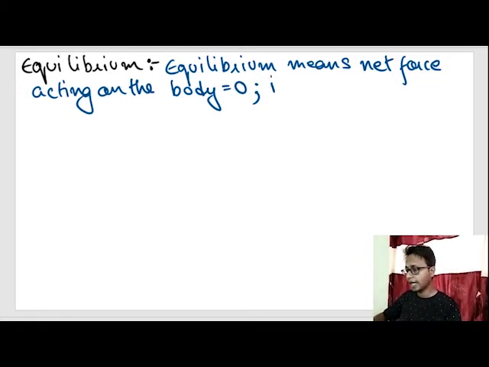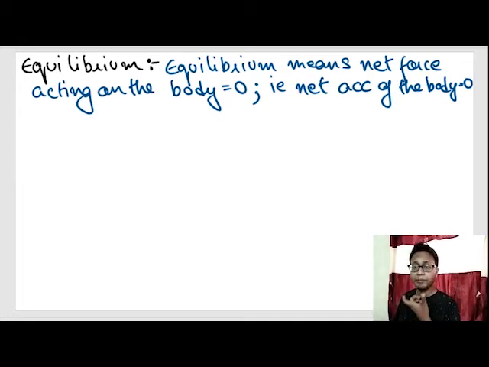That means net acceleration of the body is equal to 0. Equilibrium means net force on the body is equal to 0. There is no acceleration on the body. But our point of studying equilibrium is a little bit more.